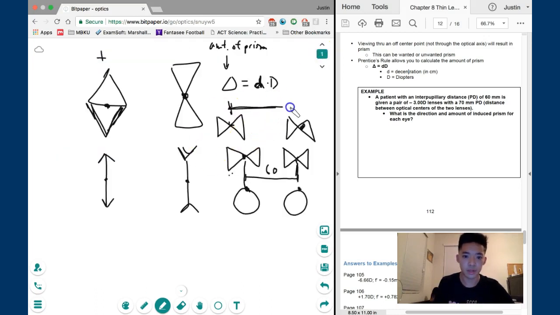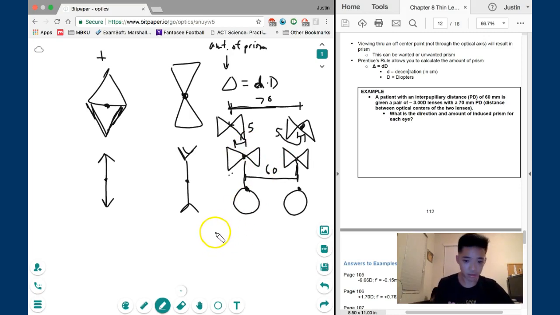They moved the glasses, and the PD is 70, right? Assuming they were moved equally, the difference that it moved for each eye is 5. So that's what they mean by decentration: the decentration for each eye was 5.